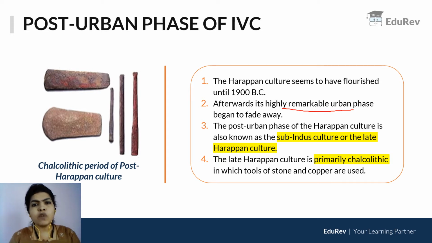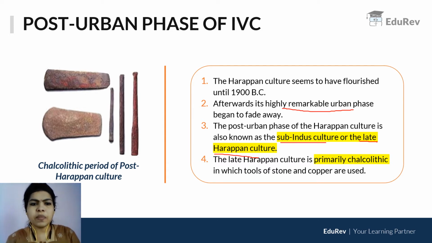There was usage of bronze tools, pottery, seals, sculptures. All of that practically disappeared because of the decline of the IVC, which we call the post-urban phase of IVC, otherwise known as the sub-Indus culture or the late Harappan culture.